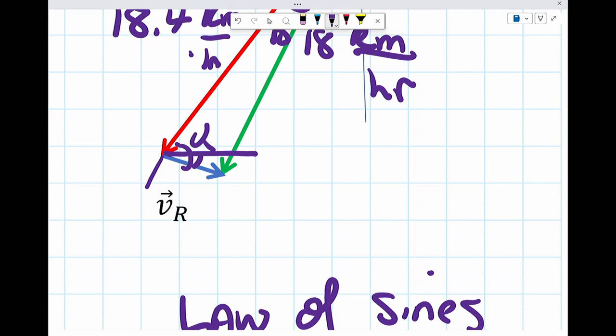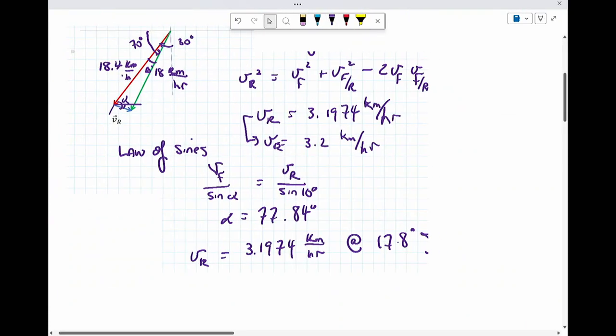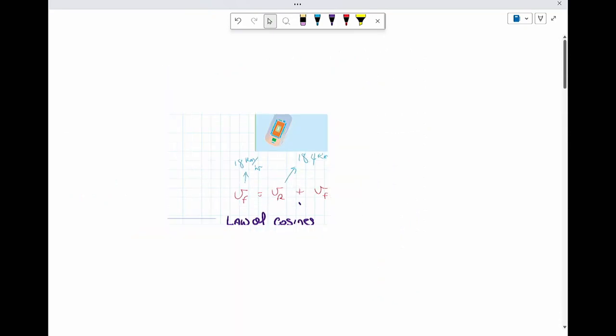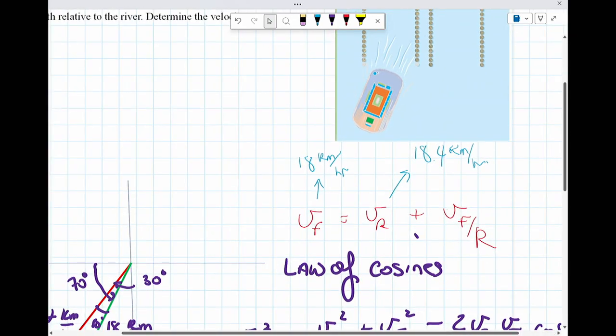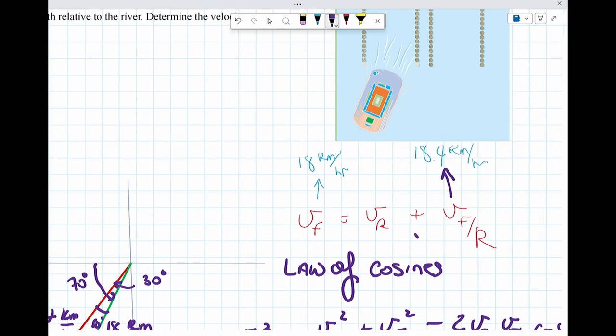If you could go back real quick. You said 18.4 on the B with respect to R. Oh, sorry, yes, that is correct. That's how I should have written it. Thank you.